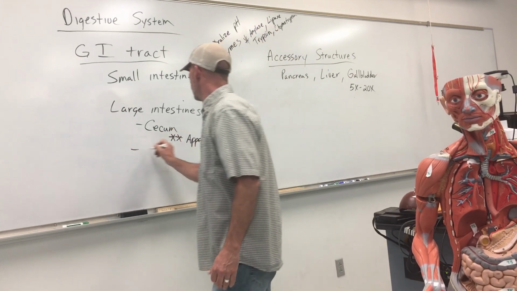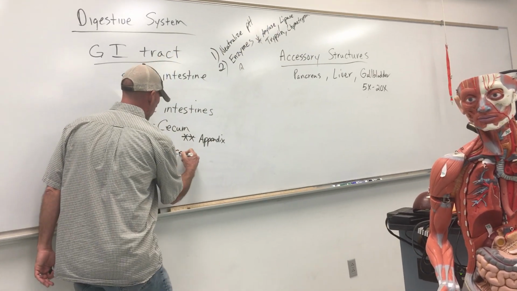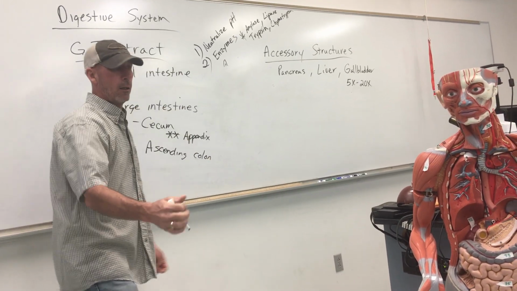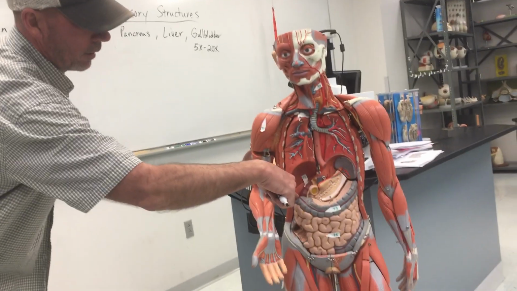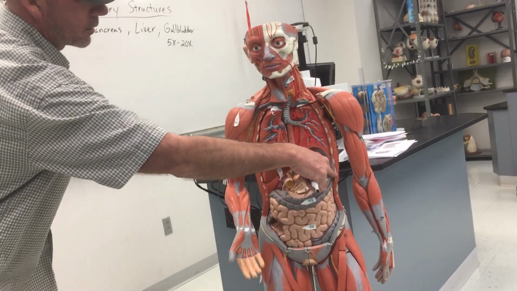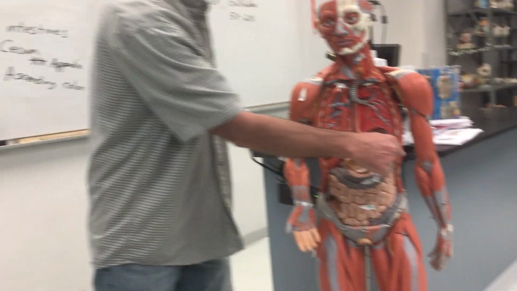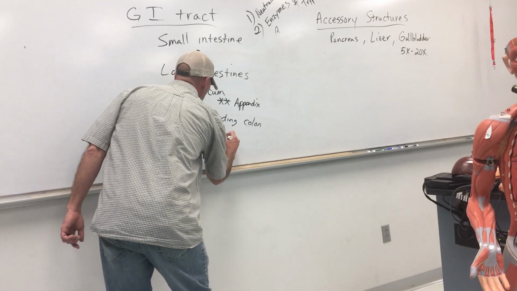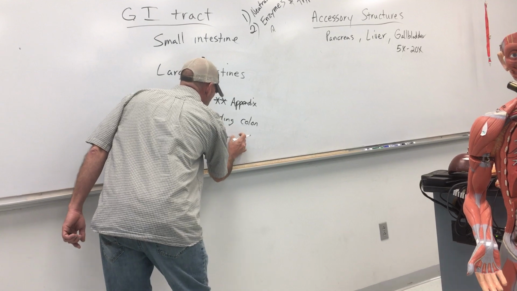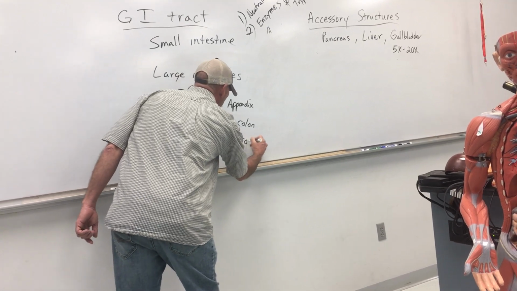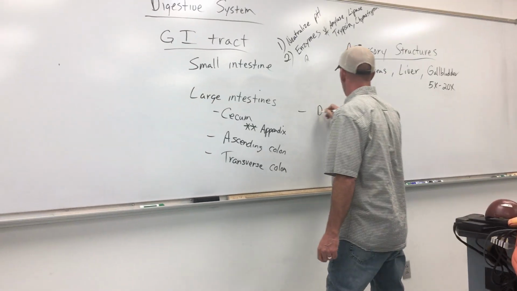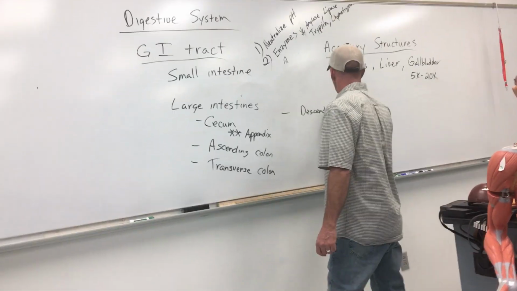Now, following the cecum, we have what's known as the ascending colon, and it's where it begins its upward journey. Then it goes across the body from the right to the left, and we call that the transverse colon. Then it's going to take a dive down, and you can see it's going to head down the descending colon.